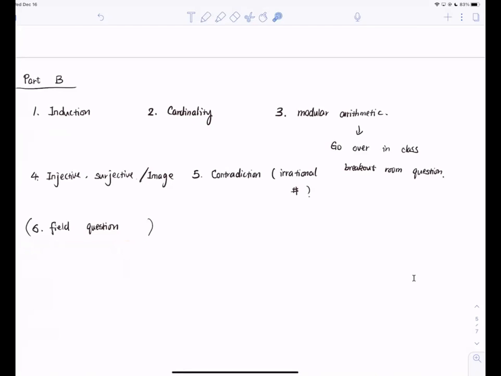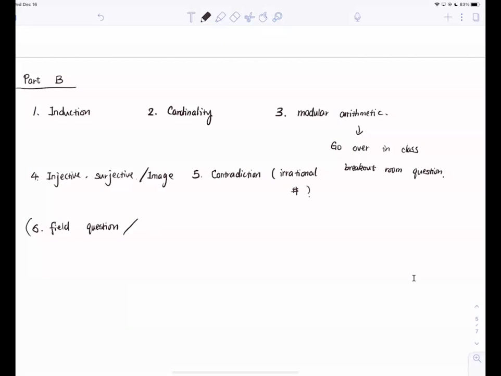Anything? Equivalence class? Could be there, but very unlikely, I think. Pretty unlikely. Let me think.